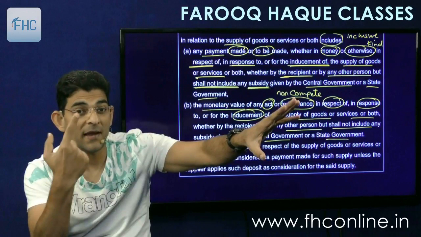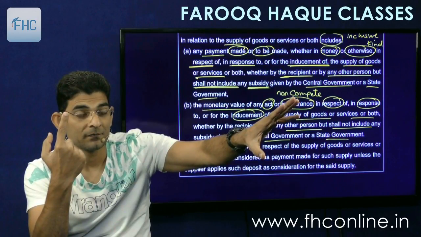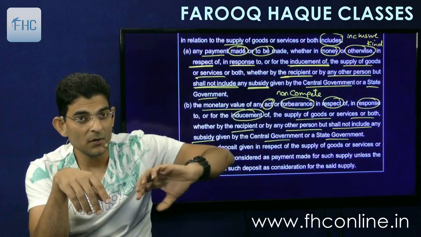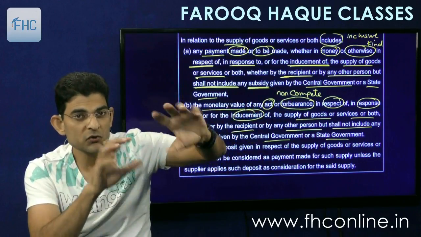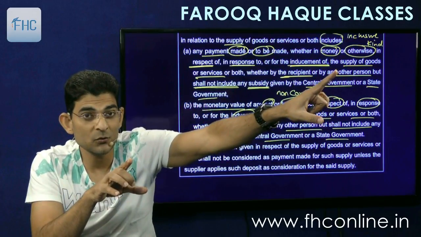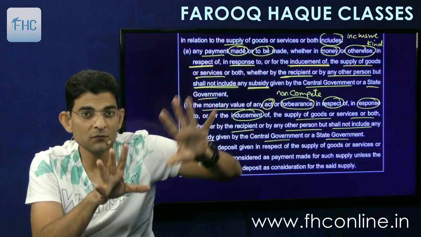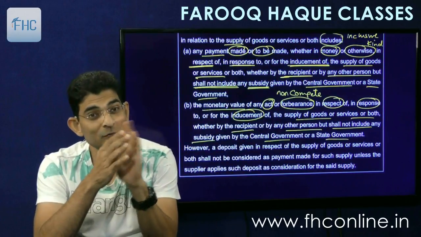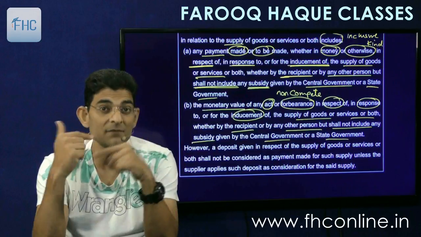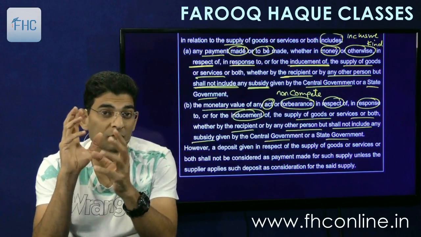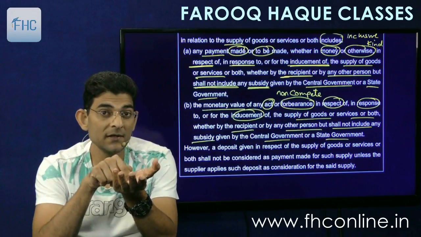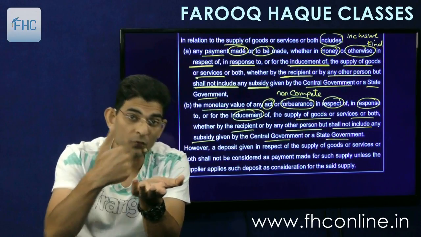So that will give me an added advantage, and automatically I'll earn much more because you are not going to compete with me. So I'm going to supply goods or service, and I'll tell you not to do the other thing that you're going to do. That's a consideration for me. You not doing something brings an advantage to me. So we will find out the value of that advantage, and that value will be the value for supply of goods.